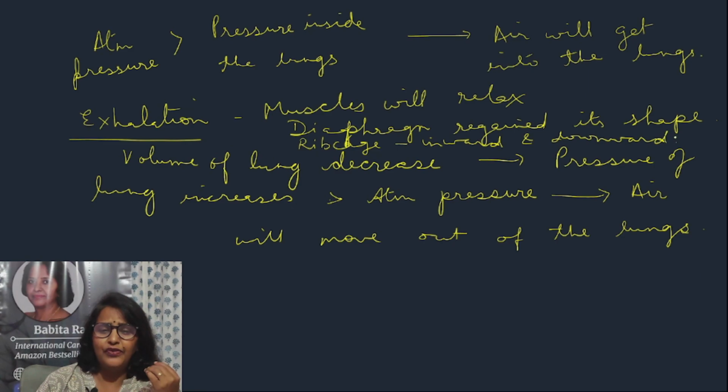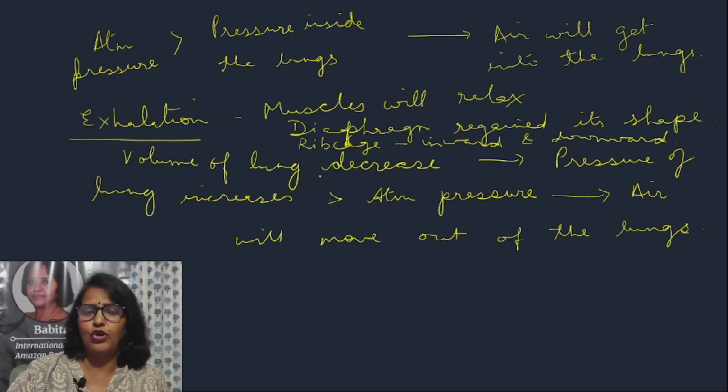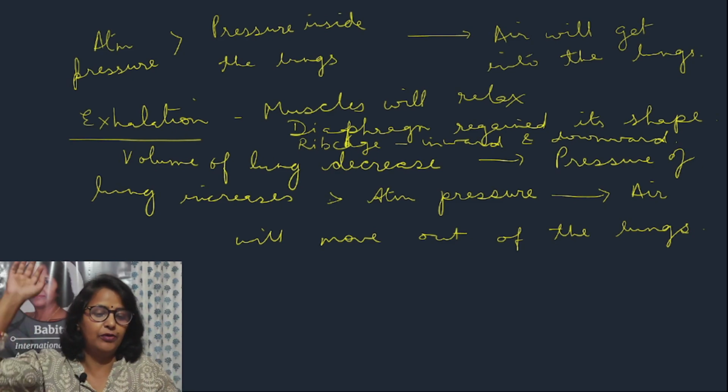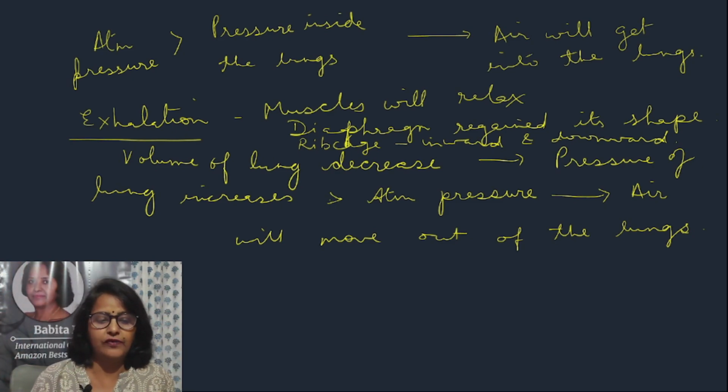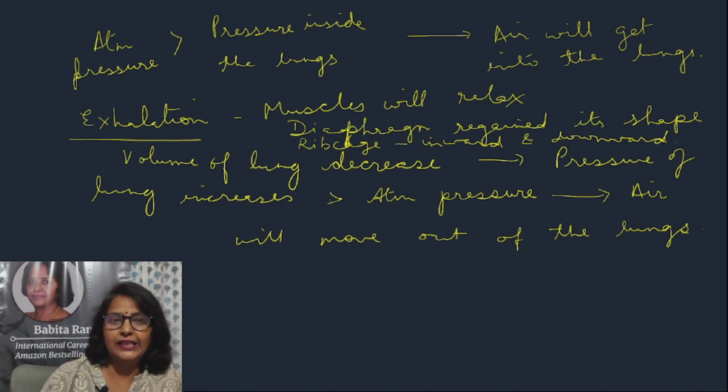Because of these two activities, the volume of the lungs decreased, and the pressure in the lungs increased and became more than the atmospheric pressure. So air from the lungs went into the atmosphere. This is what happens in exhalation.